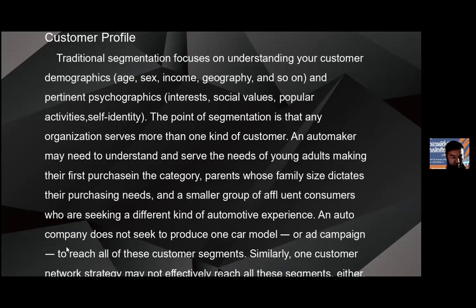An auto company does not seek to produce one car model or ad campaign to reach all of those consumer segments. Similarly, one consumer network strategy may not effectively reach all these segments either.